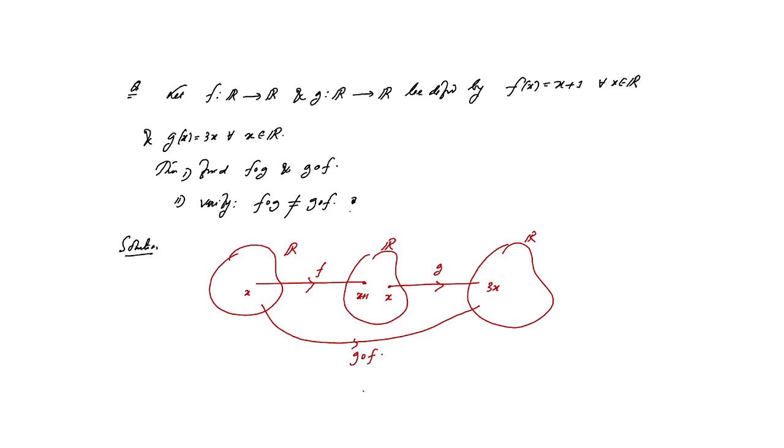We need to compose, since f is a function from R to R and g is also a function from R to R, and the range of f is a subset of the domain of g. So g composed f, from R to R, is defined.